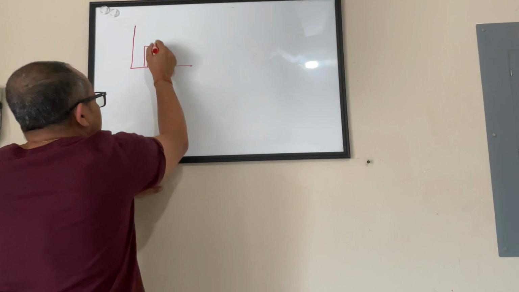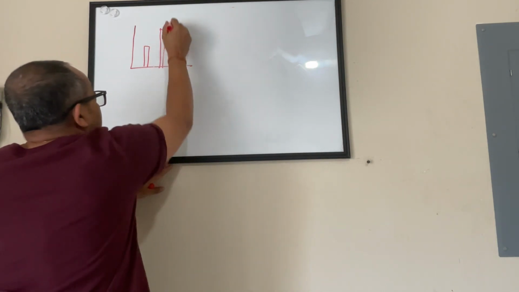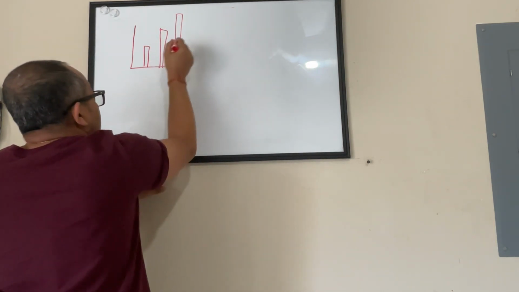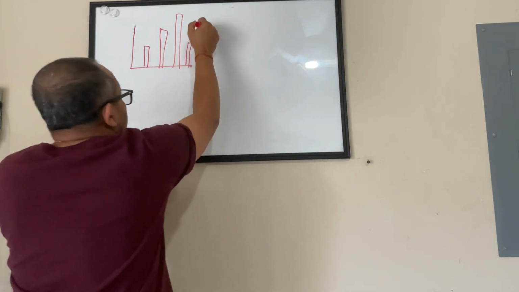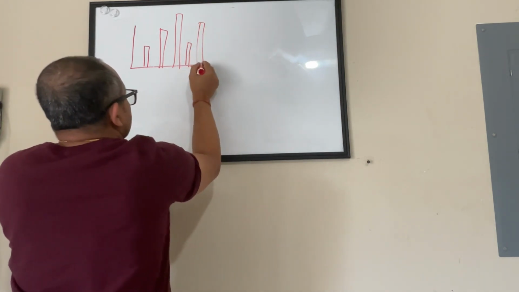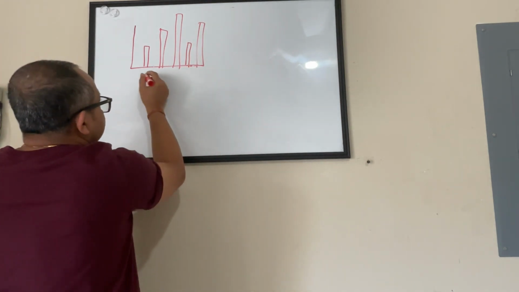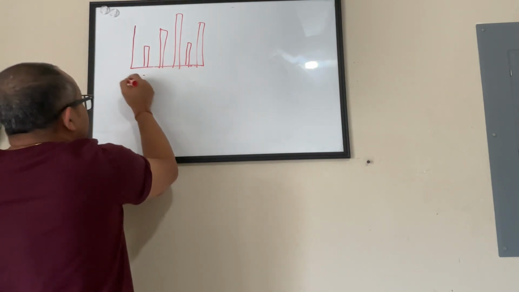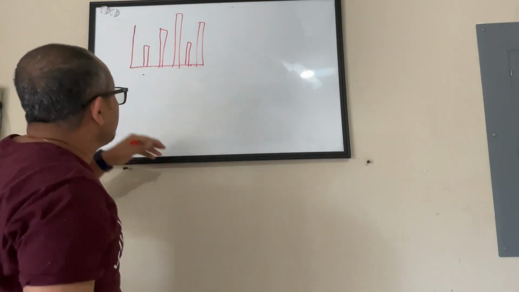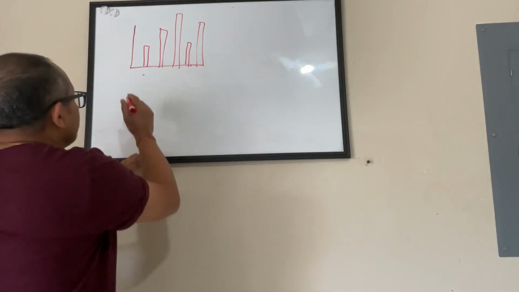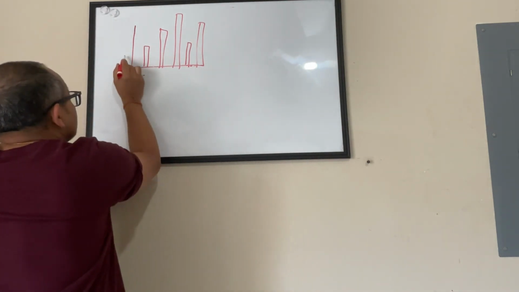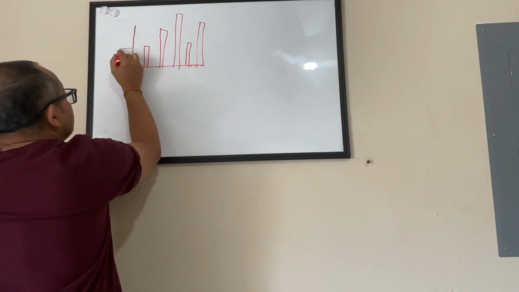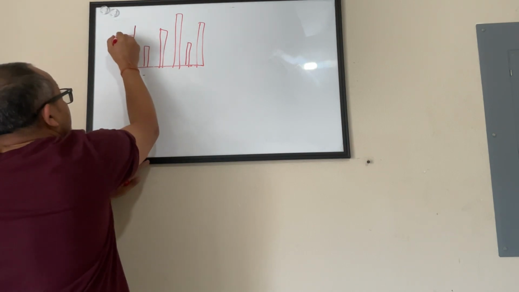Bar chart. Let's say this is the percentage scored by a student, let's say 30%, 60%, 80%, 90%.